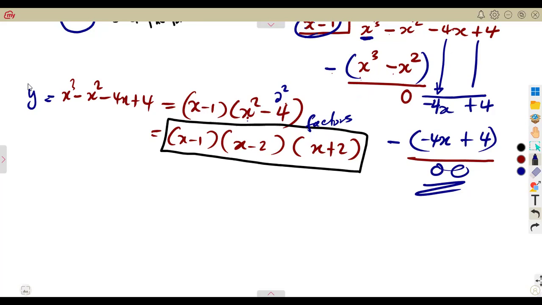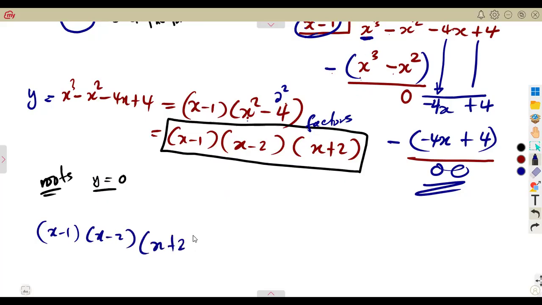So y is supposed to be equal to 0 to obtain the roots. It means this whole part representing our y is equal to 0. x minus 1 into x minus 2 into x plus 2 must be equal to 0.